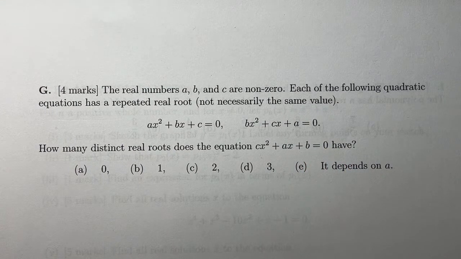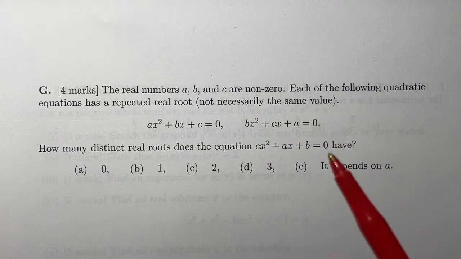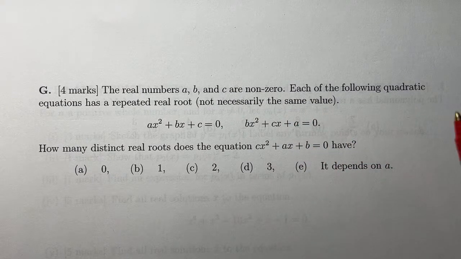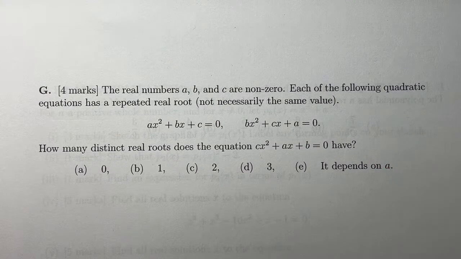Yeah, definitely need to use the b squared minus 4ac, the discriminant. All right, so this one right here, it's pretty fun too. Use the discriminant. It's not so bad. The answer might surprise you.